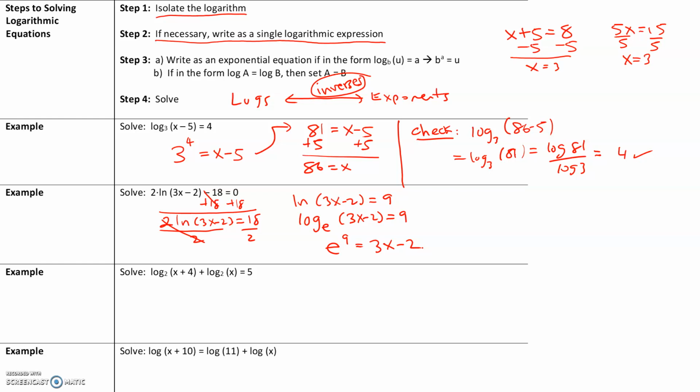Now, e to the 9th power, you can put this in a calculator, or we can simply solve for x. So we're going to add 2 to both sides. Then we have e to the 9th plus 2 equals 3x. And then we divide everything by 3. So we get e to the 9th plus 2 all over 3 equals x.